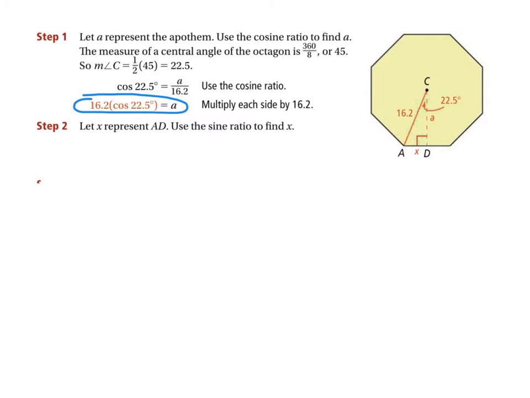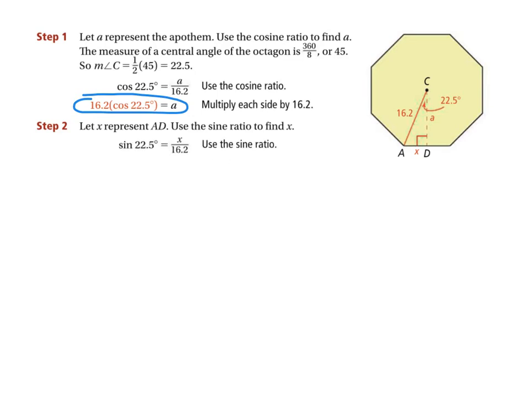Now step 2, we're going to let x represent that segment AD right here, and forget about A right now. We're just using this angle. We've got the opposite side and the hypotenuse, so that's sine.